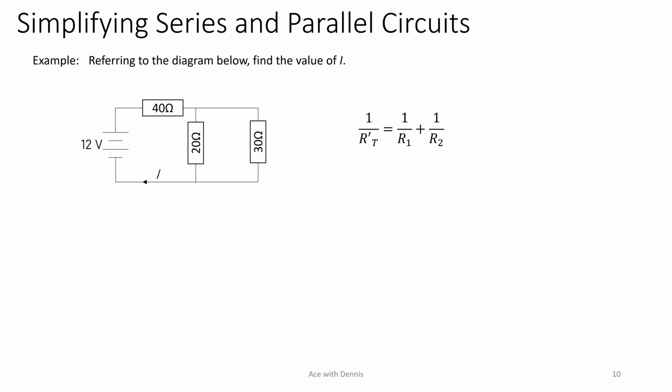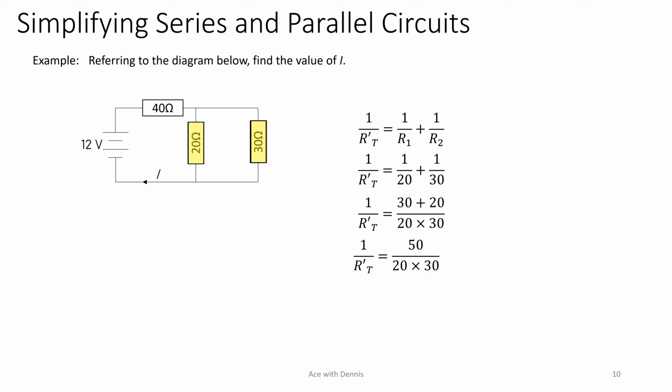Firstly, we need to know the equivalent resistance for the parallel resistors. We can use this formula: 1 over RT equals 1 over R1 plus 1 over R2. So the answer will be 1 over 20 plus 1 over 30, and we get the total resistance for this parallel section as 12 ohms.